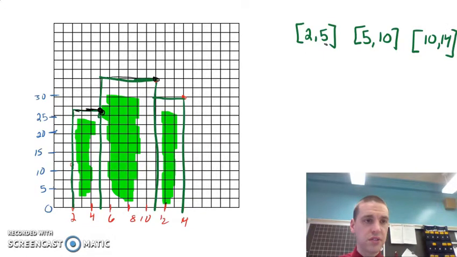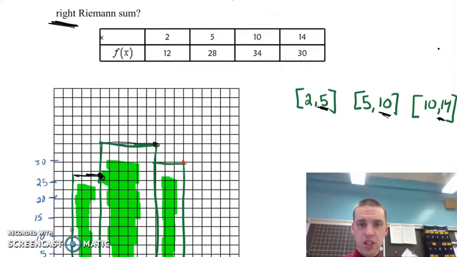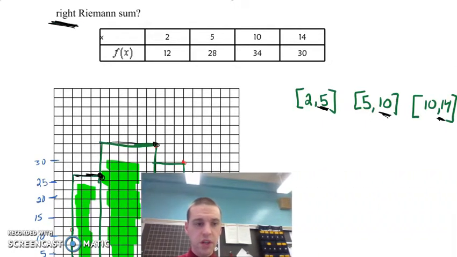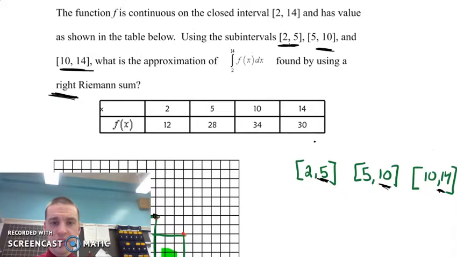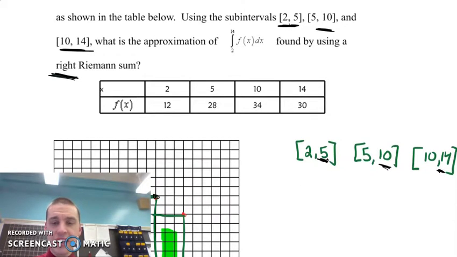I write out the intervals, and then I underline which ones I'm looking at. So if I'm using the right Riemann sum here, what I'm going to do is write out the three intervals. I'm then going to find the distance in between each of those intervals.